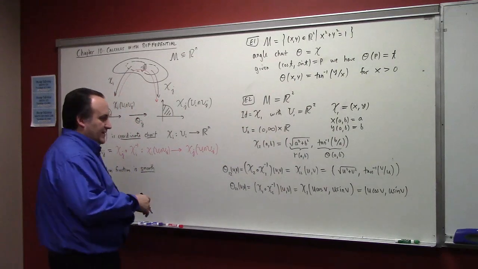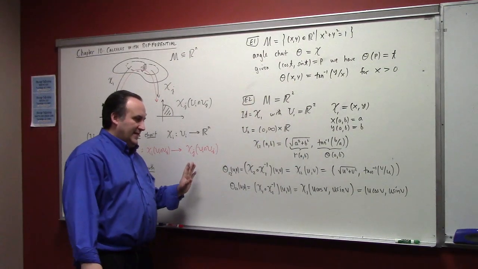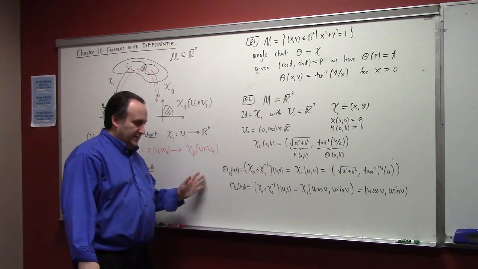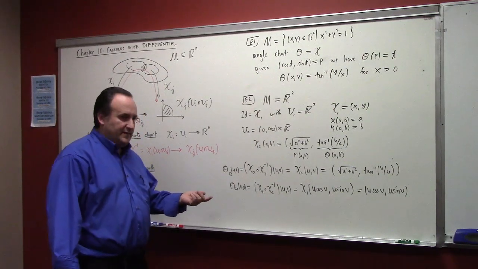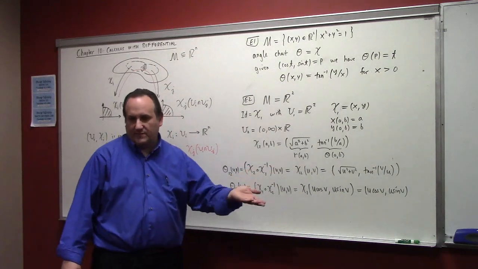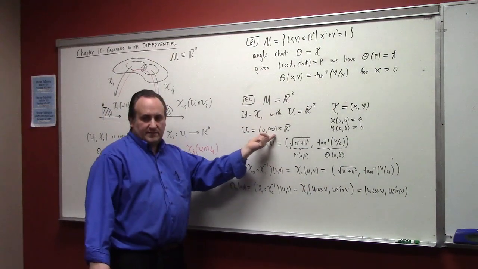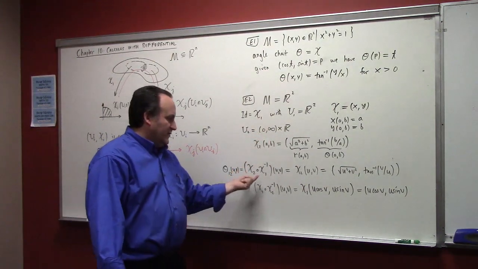Now, the interesting thing is if you look at the theta 2, 1 map, that's smooth on R2. If you wanted to extend the domain of uv here to be everything, that's everywhere smooth, right?